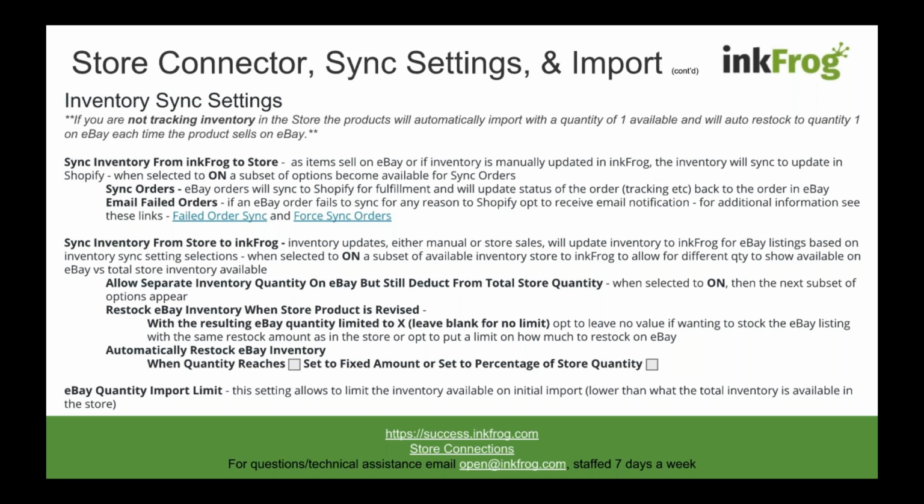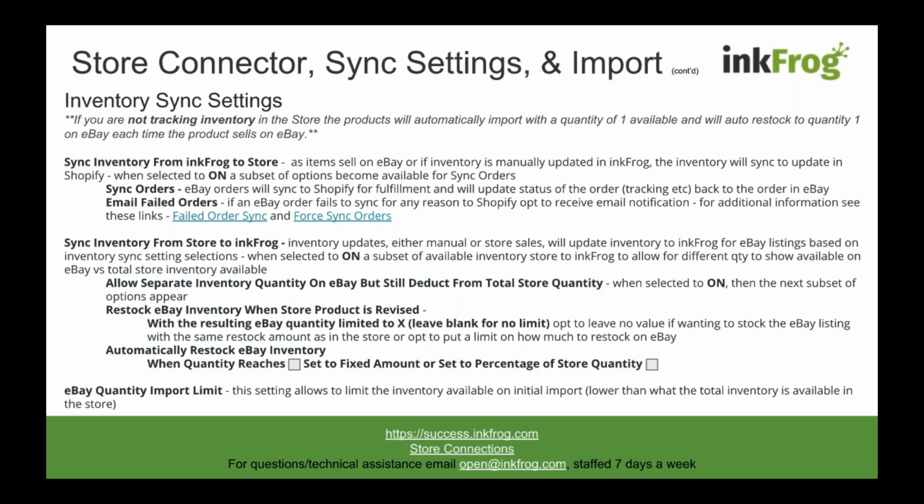If you want to stay within eBay listing limits and you know that you need a lower quantity available, then you probably want to put in there maybe resulting eBay quantity limited to 10. So you restock the inventory to 100 in your store, but the max amount that's going to restock in inkFrog for eBay is a maximum of 10 available. And then you're automatically restocking eBay inventory.